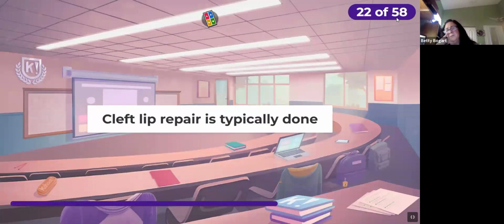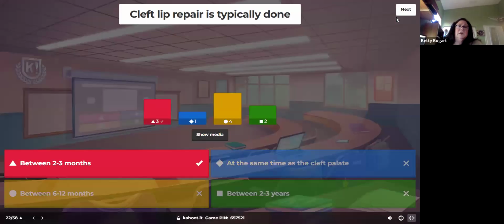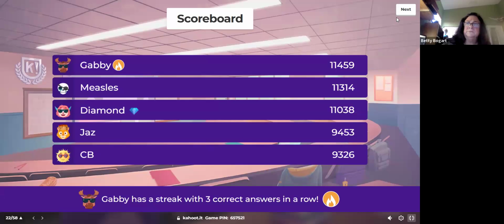Cleft lip repair is typically done at about 2 to 3 months. Remember, we want the whole repair done before 12 months because they typically say one word by 12 months. So we want that pronunciation to start out correctly.